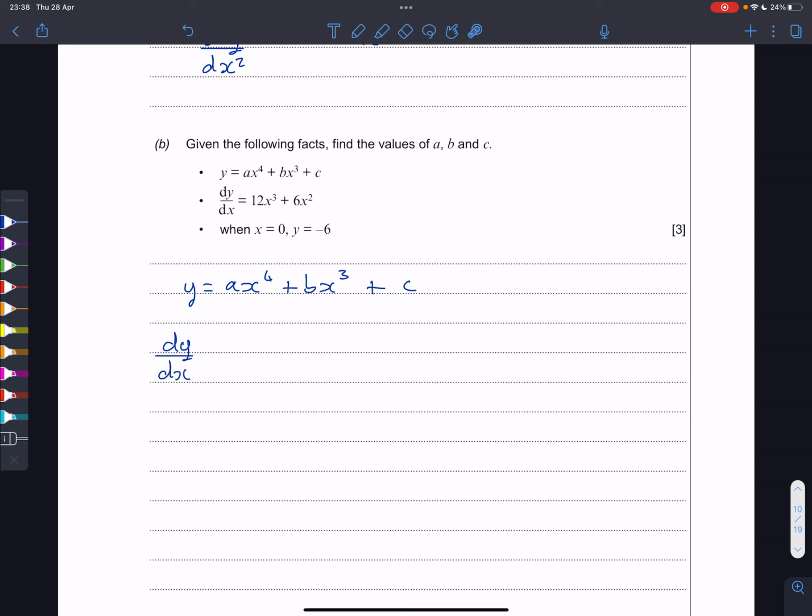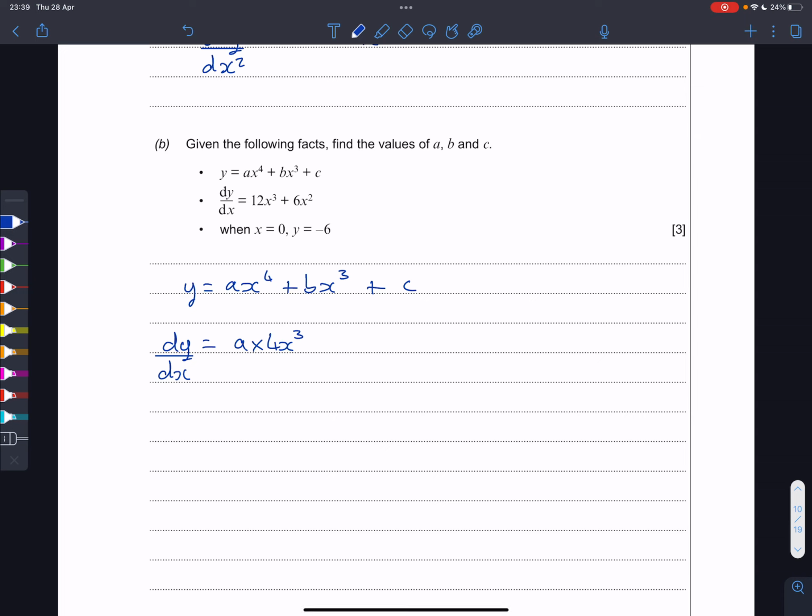So if I differentiated ax to the 4th, well, if a is a number, let's say that was 5, it would be 5 times 4x cubed. If a was 7, it would be 7 times 4x cubed. So whatever it is, it's going to be a times 4x cubed.